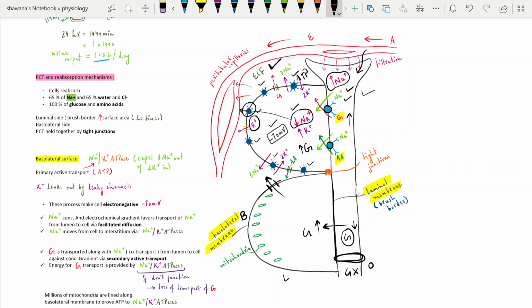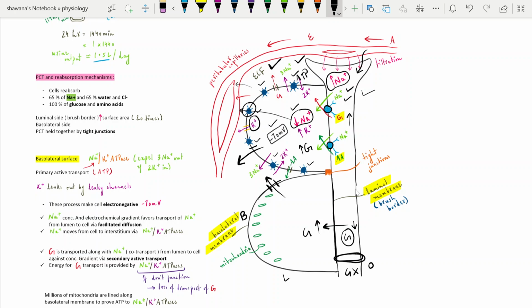ATP has been utilized in the sodium potassium ATPase pump, but it's not involved here directly, so it's the secondary active transport.